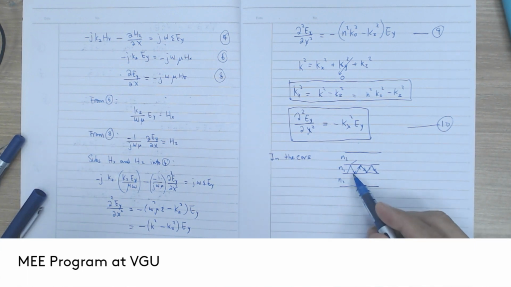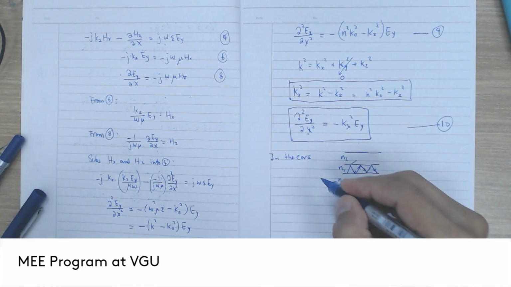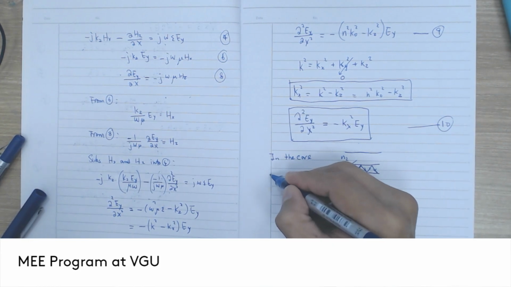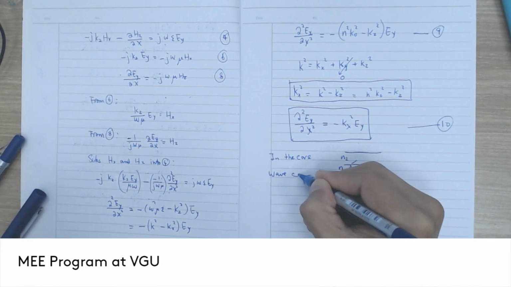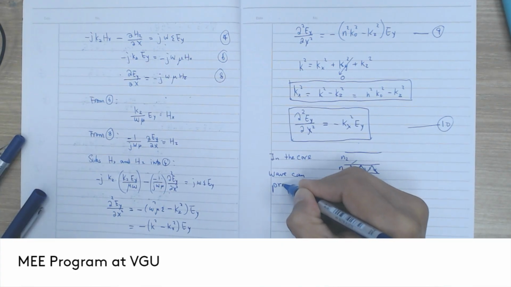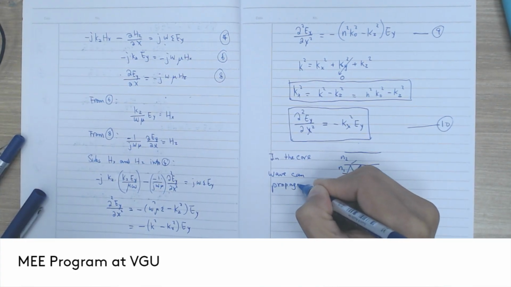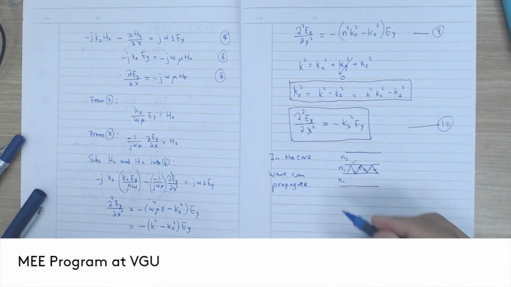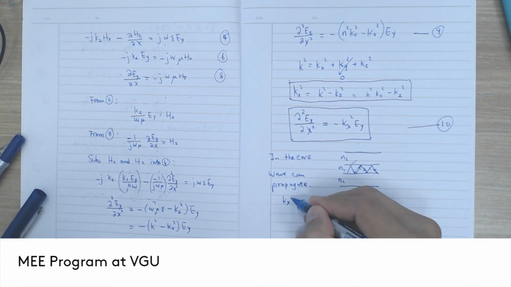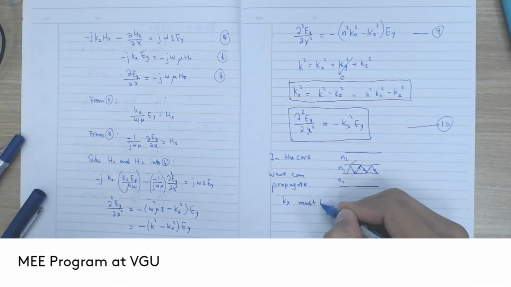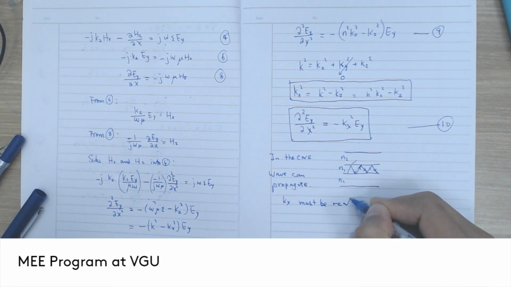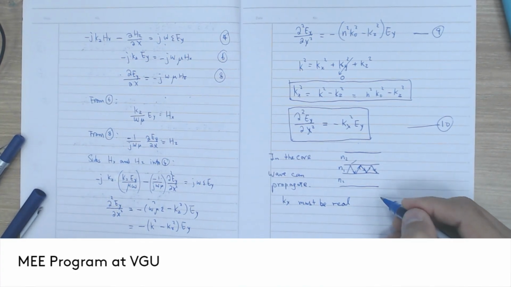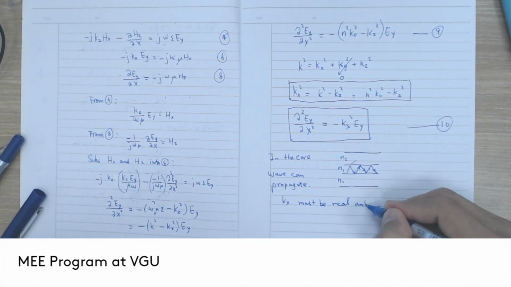So in the core, wave can propagate. The wave can propagate. This means K of x must be real and positive.